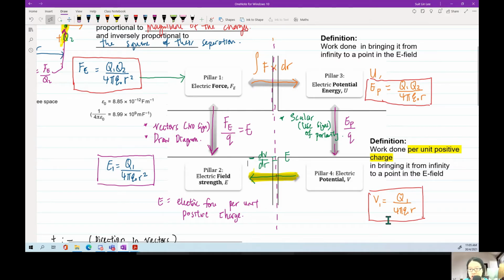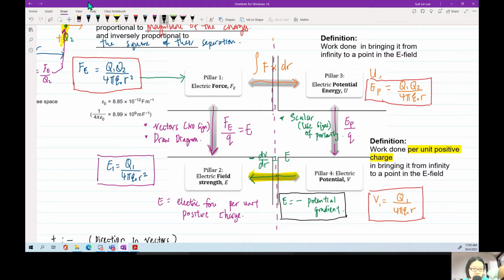If you differentiate this one, you will get this one: differentiate 1 over r with respect to r, you get negative 1 over r squared. So a very important relationship is E is equal to negative potential gradient. The frequency of this idea being tested is anomalously high. I'm not sure why, but they think it's important.